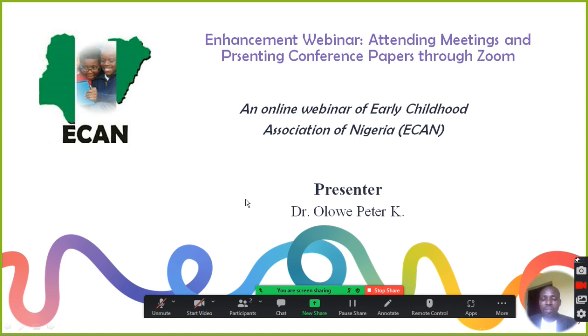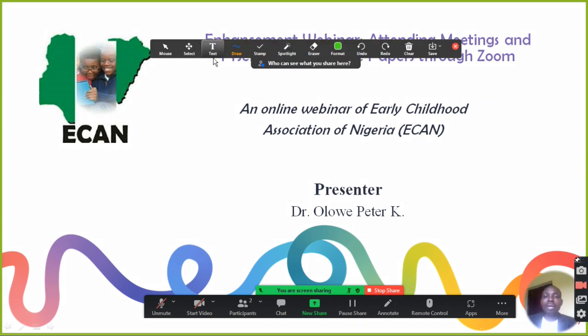Once you click on your screen, or you use your arrow key, it moves to the next page. One great thing is that on this screen that you are sharing, your presentation, you can still do some annotation on it. So you can see the button here. For instance, if I want to spotlight the word presenter, you see, I've done that.